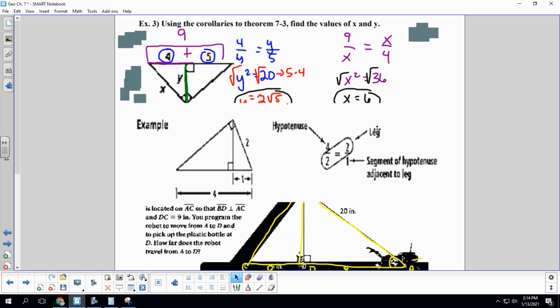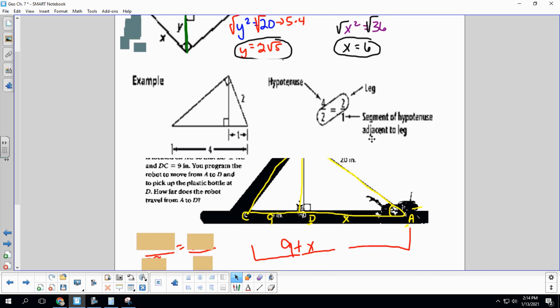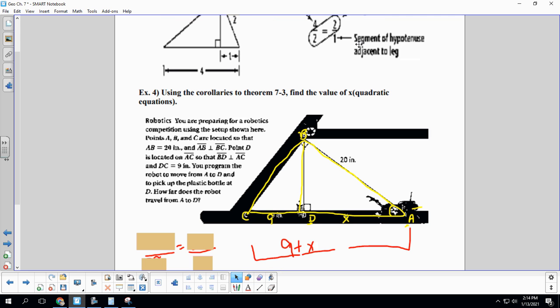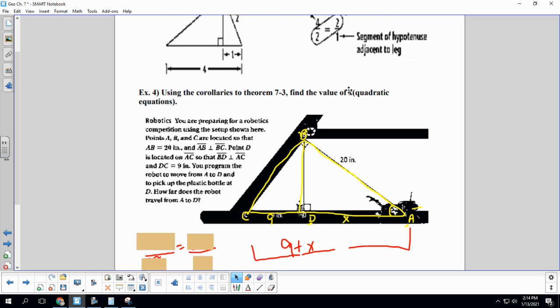Okay, I'm going to keep this up here because I'm going to use it for our example 4. Using the corollaries, find the value of x. We have to use quadratic equations. So we're preparing for a robotics competition using the setup shown here. Points A, B, and C are located so that AB is 20 inches. AB is perpendicular to BC.